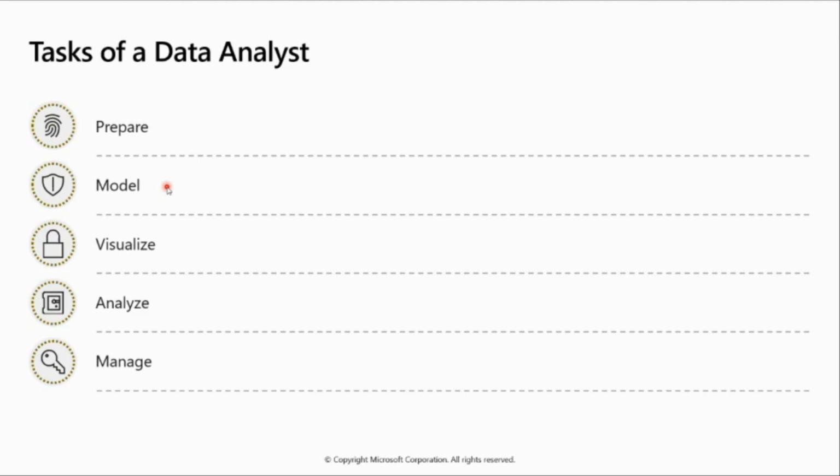Data modeling is the process of determining how your tables are related to each other, or in other words, it is completely focused on making relationships.